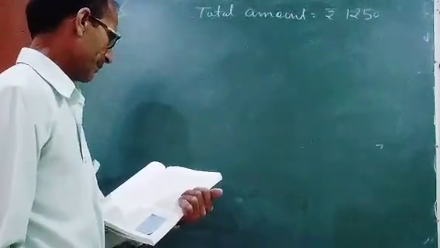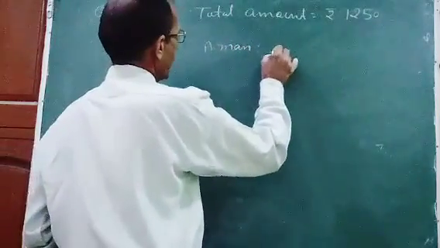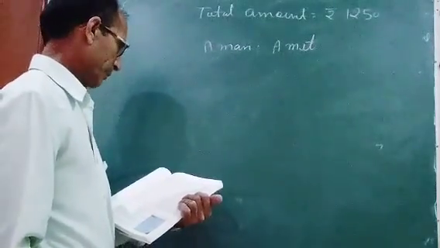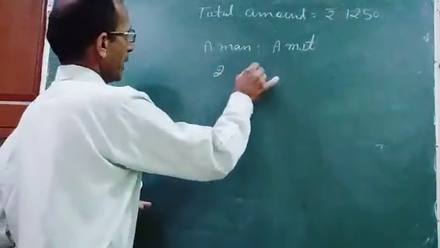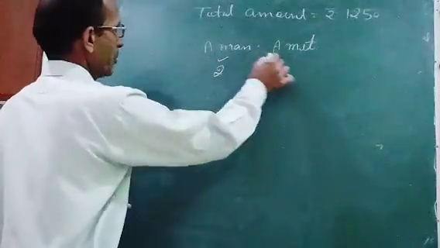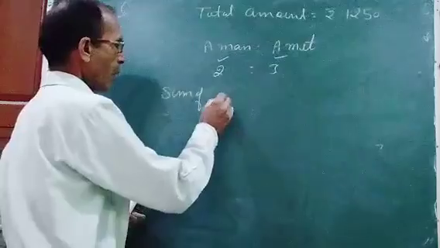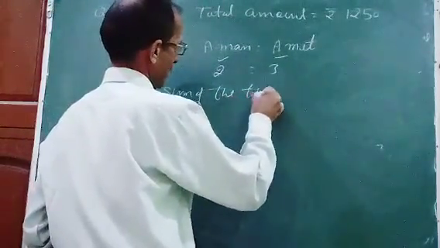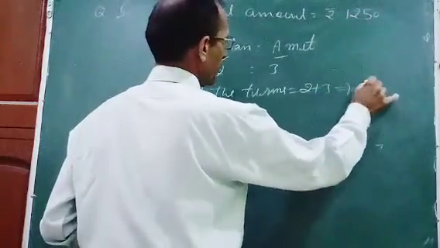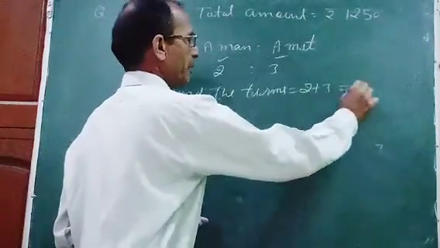So we have to divide between Aman and Amit, Aman to Amit, 2:3. So sum of the terms. First term is 2 and second is 3. So sum of the terms, 2 plus 3, will be equal to 5. Understood?